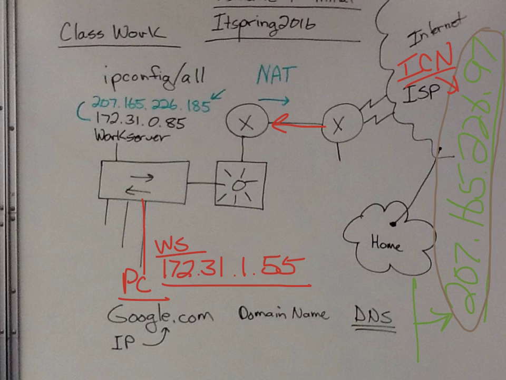So we can use that address anywhere on the internet because it's all going to point back to the same place. It's all going to come back through our ISP and then into NIACC, and then this router knows those addresses go this way and a different set go this way. Here's the rest of the campus. So that's a public address.